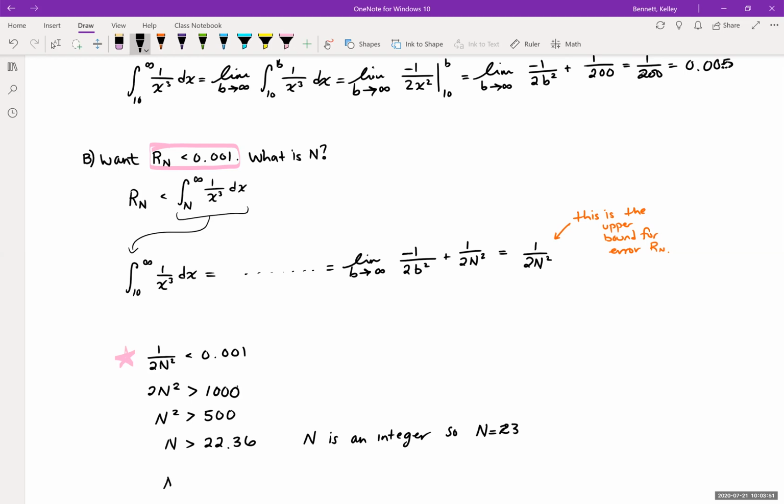Even if what we got was 22.00000001, we would still have to start at 23 because we have a strict inequality. So you're not even rounding, you're just going to the next highest integer. It's called a ceiling function, by the way.